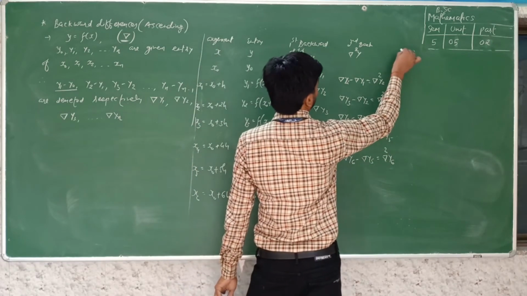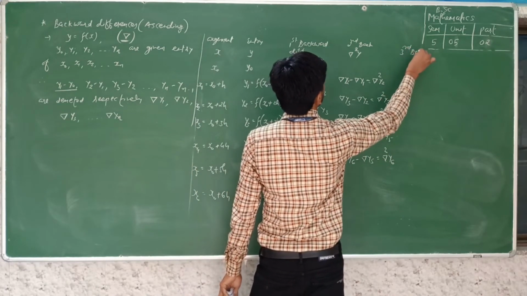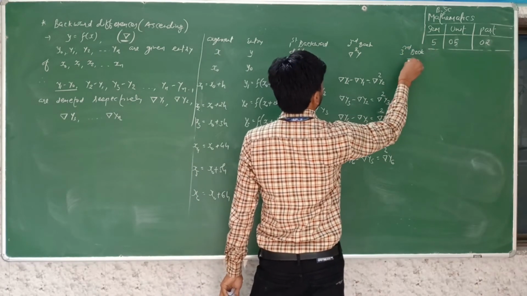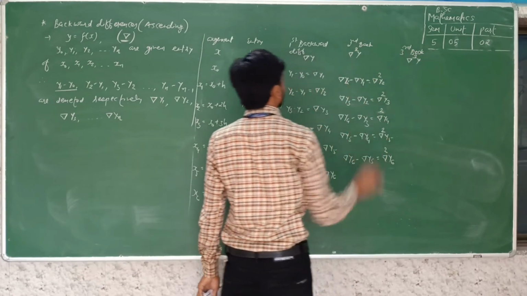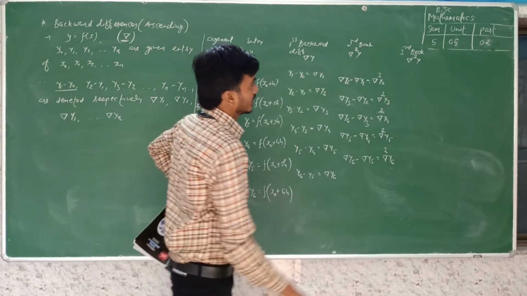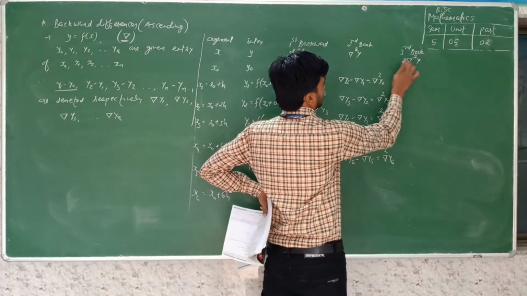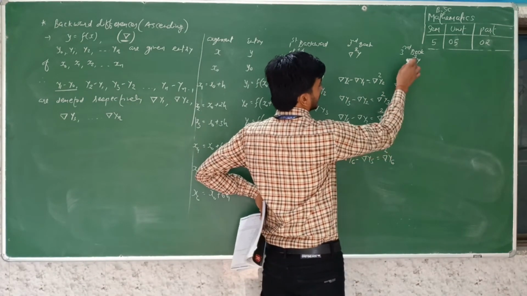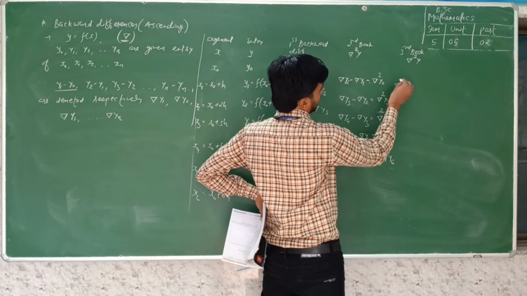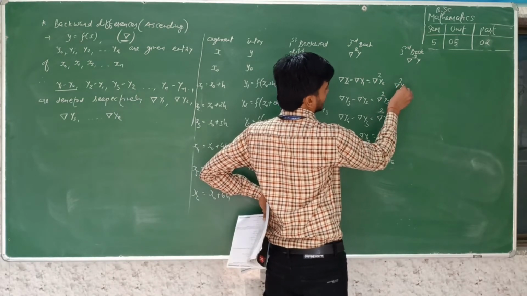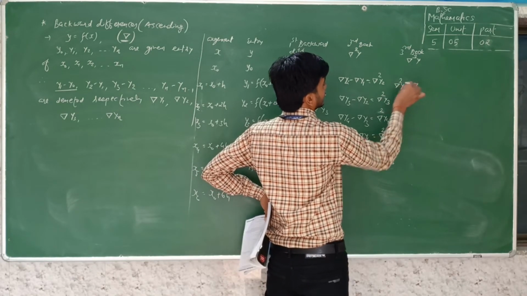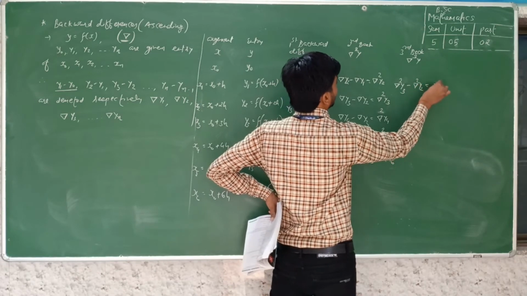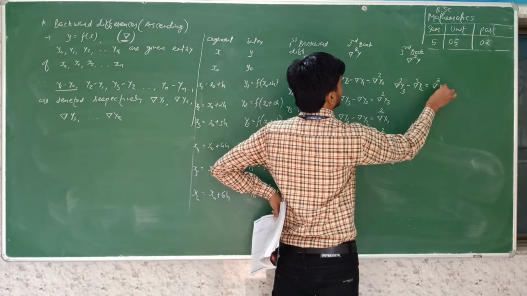You can also write the third backward difference, that means nabla cube y. We can express the third backward difference as nabla square y3 minus nabla square y2, which represents the third backward difference of y3.